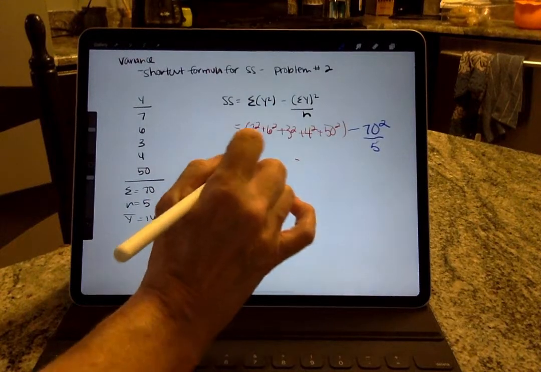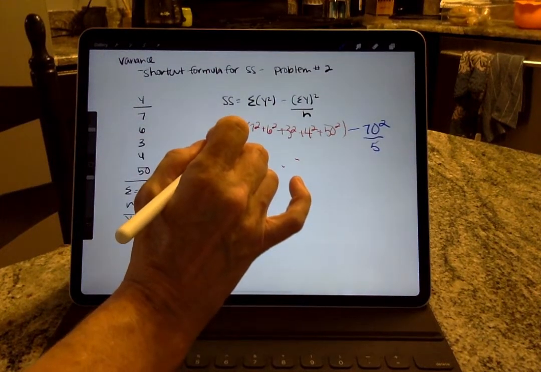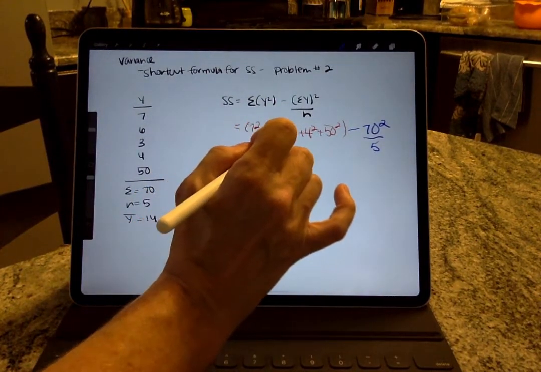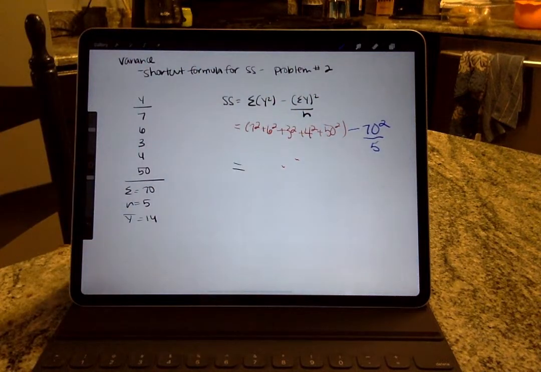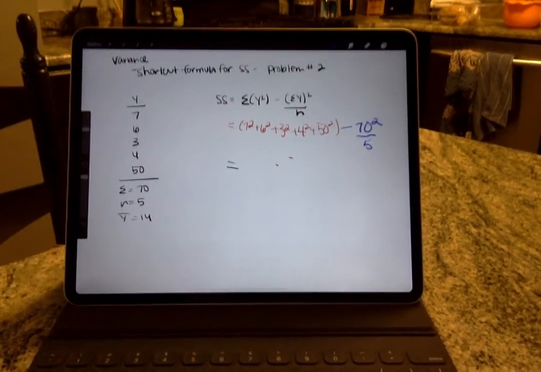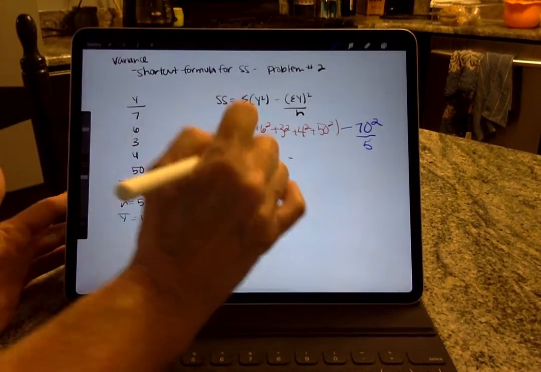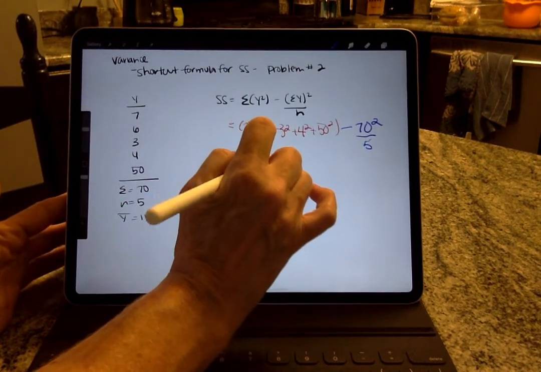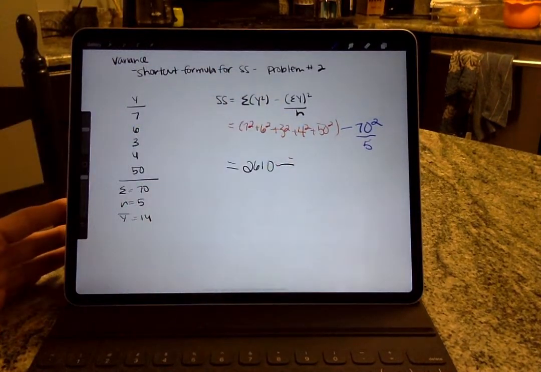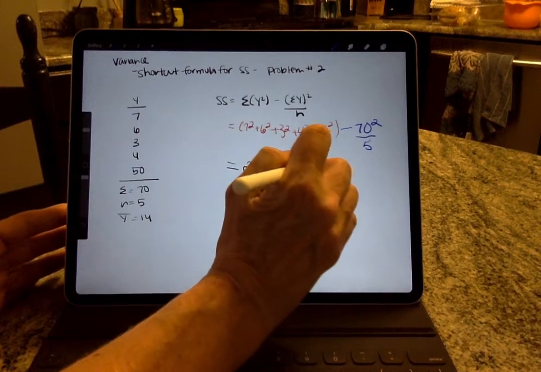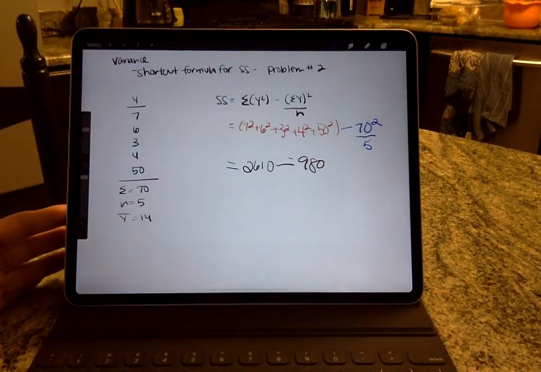When you do all this, the 7 squared plus 6 squared plus 3 squared plus 4 squared plus 50 squared equals, I did this ahead of time, 2610. Then we subtract 70 squared divided by 5. That's 4,900 divided by 5, which is 980.